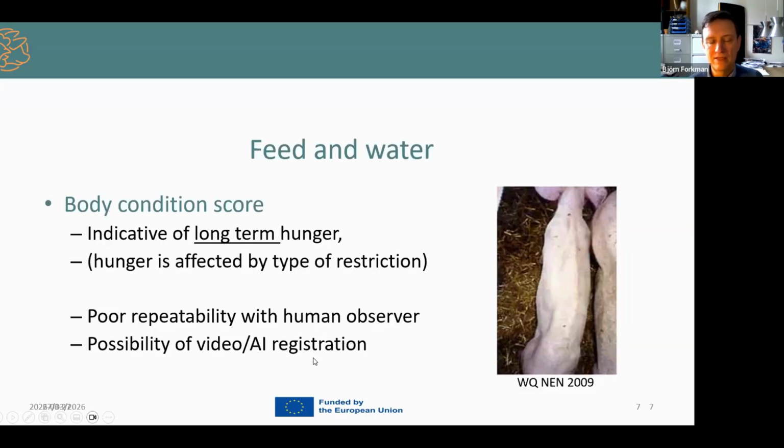Now, it may be that in the future we'll be able to just use video or AI for registering body condition score, that seems at present to yield much better inter-observer reliability. But as I said, this is something for the future and certainly not installed in most pig farms today.